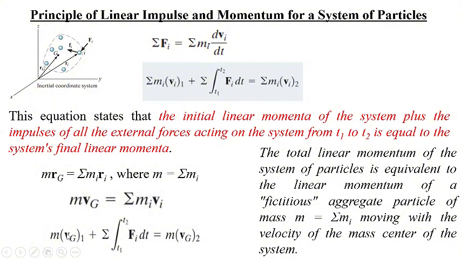So the initial momentum, considering the velocity of the center of the particles or the system of particles, plus the total forces or impulses applied to the system of particles will give you the final momentum of the center of gravity, or the mass center, of the system of particles.